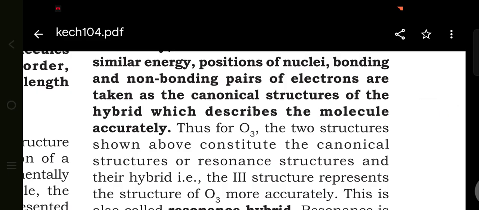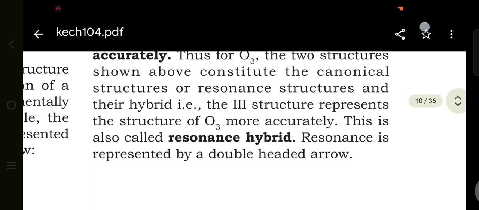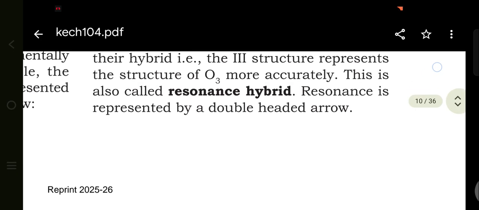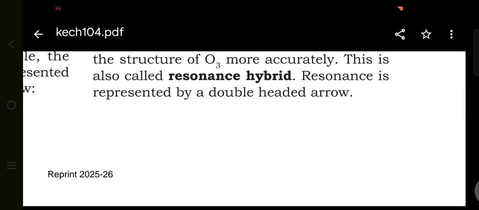Thus, for O3, the two structures shown above constitute the canonical structures or resonance structures, and their hybrid, that is the structure 3, represents the structure of O3 more accurately. This is also called the resonance hybrid. Resonance is represented by a double-headed arrow.